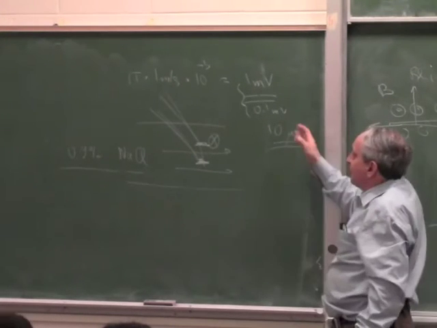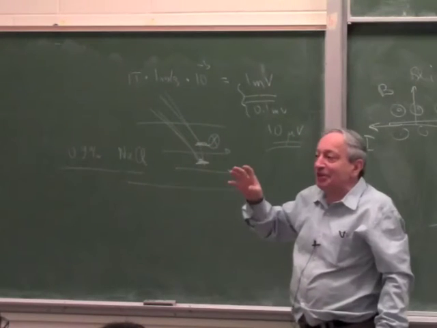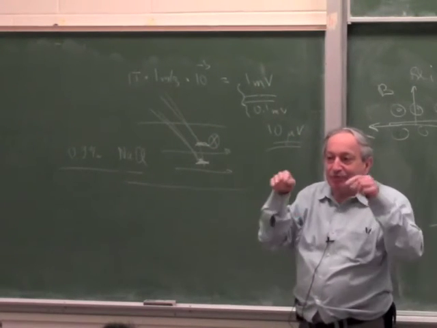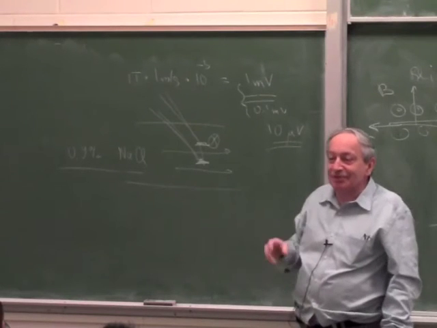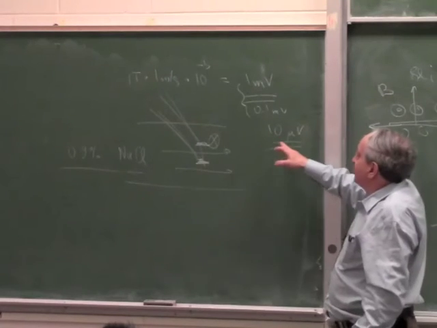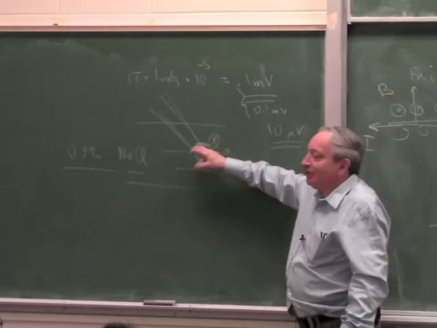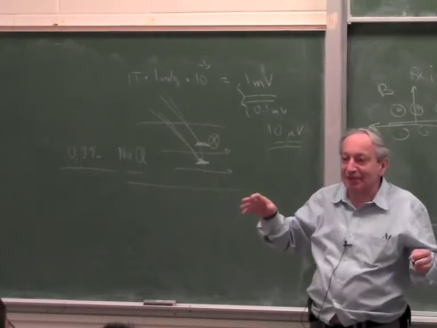So how do you measure 10 microvolts when you have battery effects here, which could be many millivolts? Because any 2 metals in blood will generate 100 millivolt. So you're trying to measure 10 microvolt DC, and you have 100 millivolt of parasitic batteries. So all of you should know the solution by now.